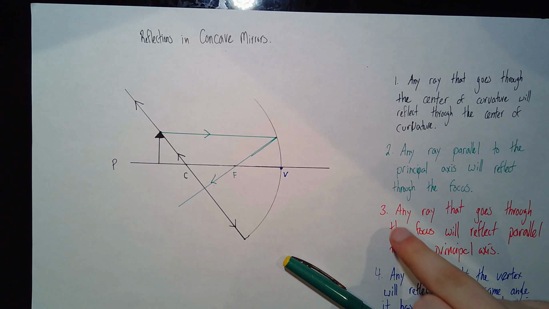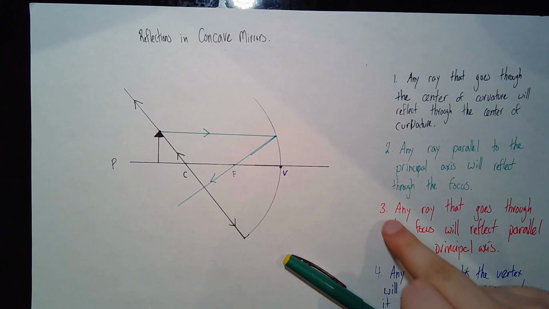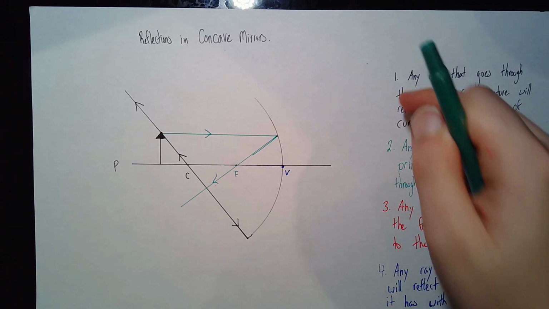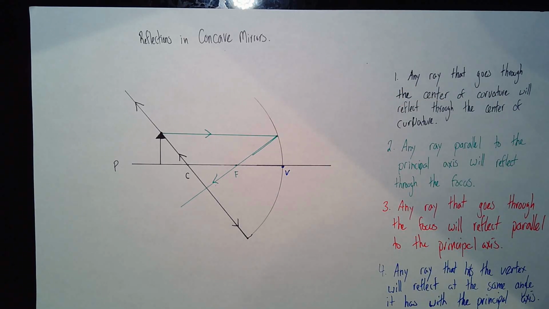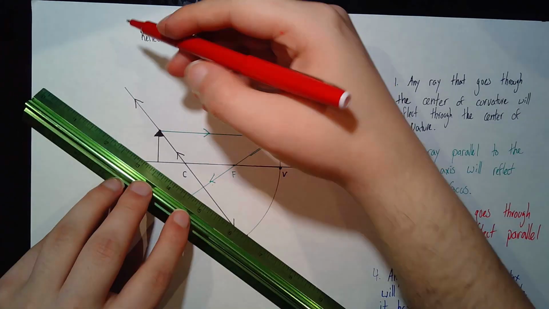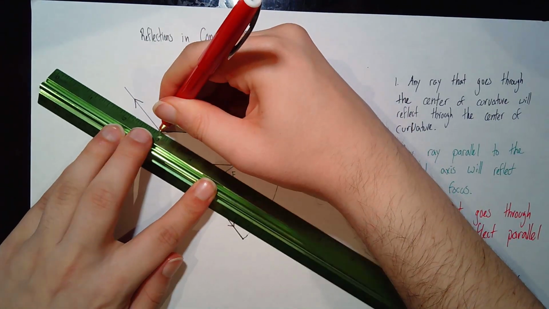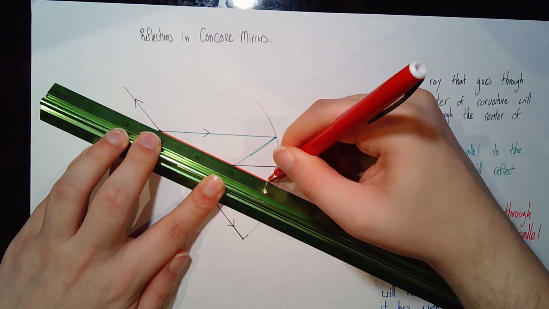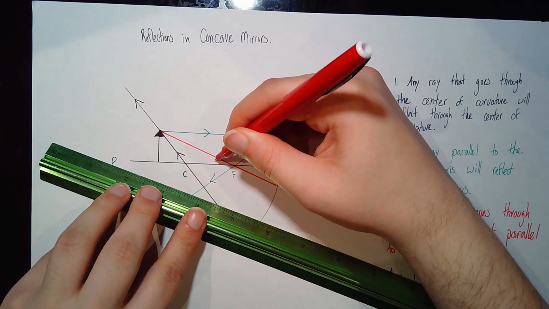But I do want to just show you what these last two rules look like, so that in case there's a problem where maybe the first or the second rule doesn't work, you're not able to draw it, you can see what these other two look like. So number 3 says that any ray that goes through the focus will reflect off the mirror and be parallel to the principal axis.